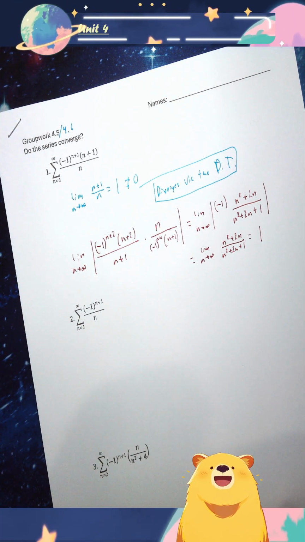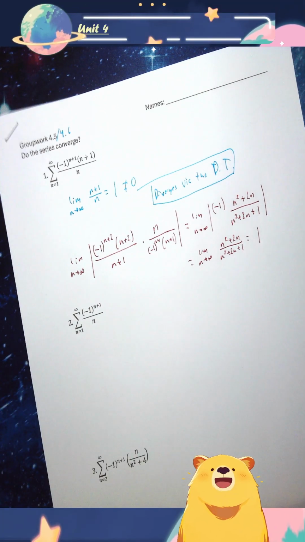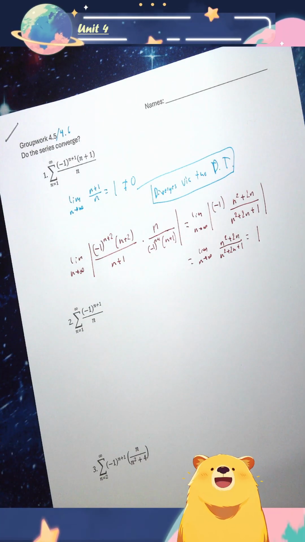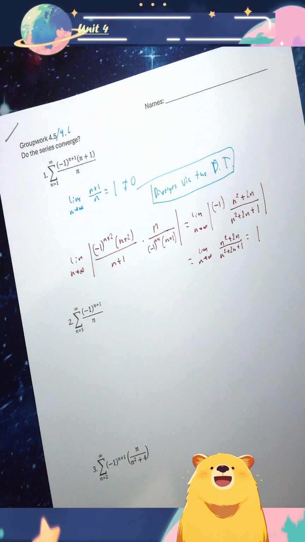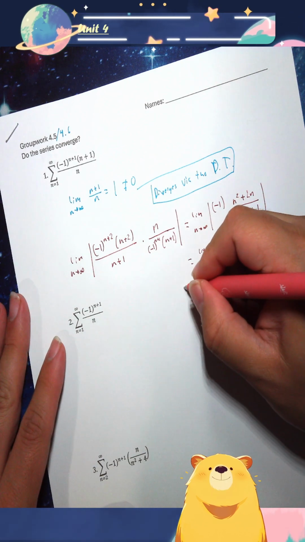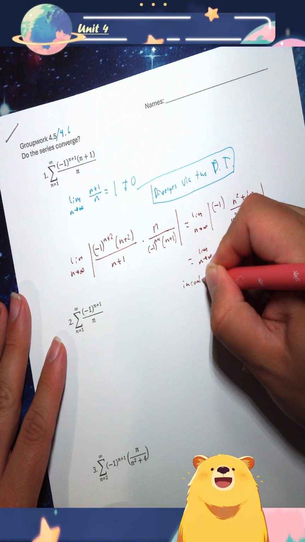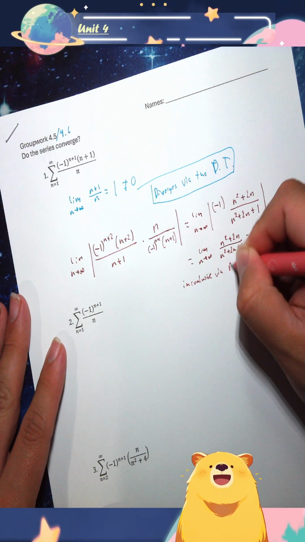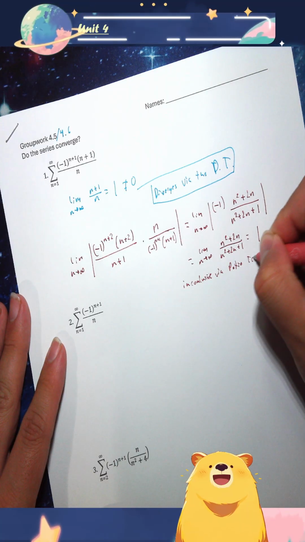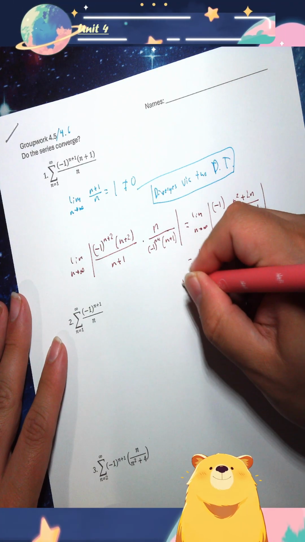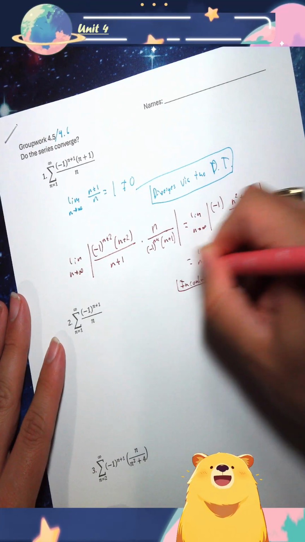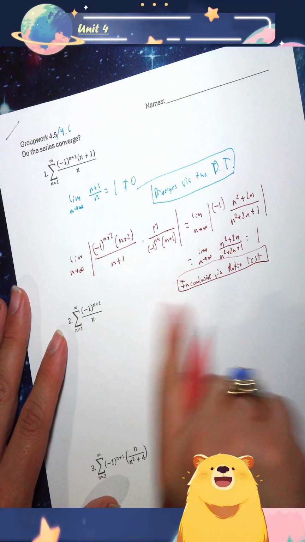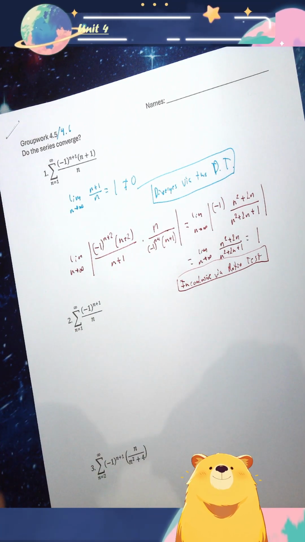And then via the ratio test, you say that it's inconclusive. Inconclusive via the ratio test doesn't necessarily contradict the divergence; it's just that the divergence test tells you directly that it diverges, while this one is just inconclusive.